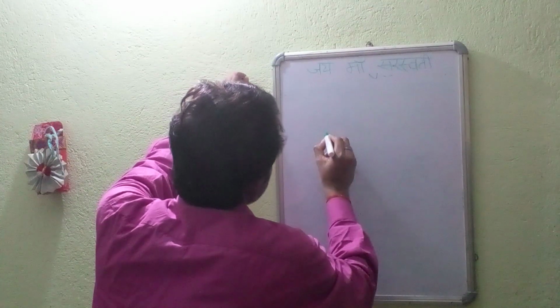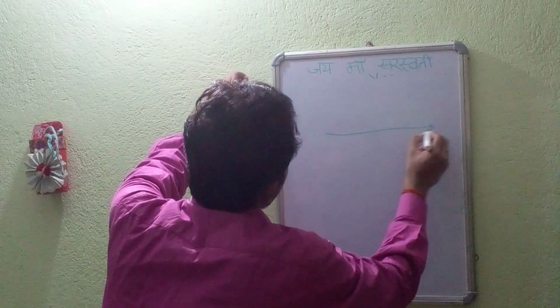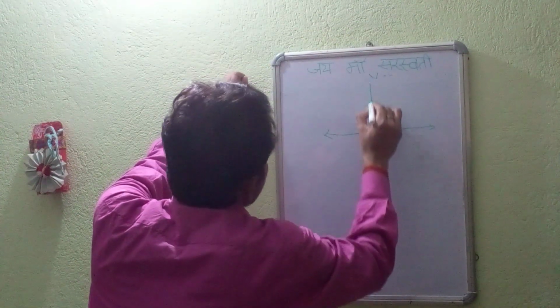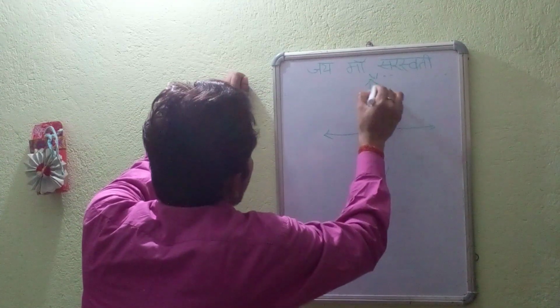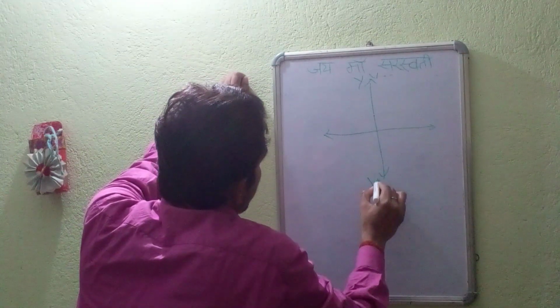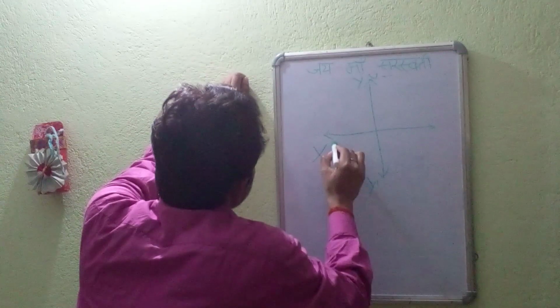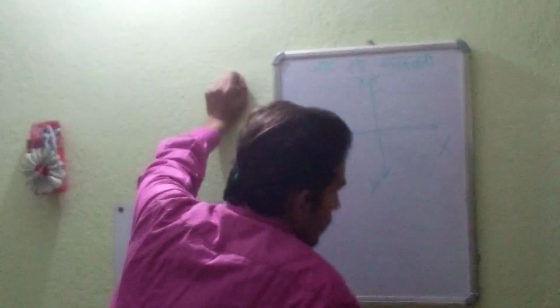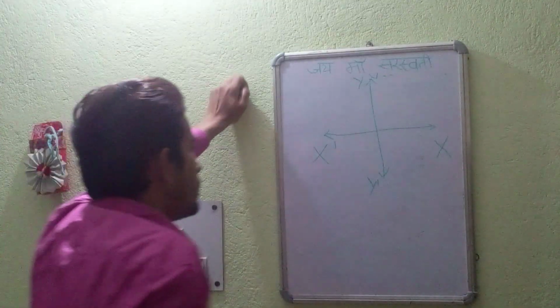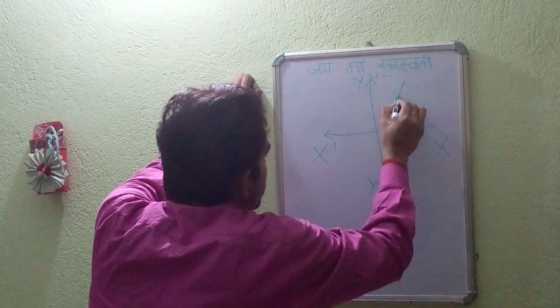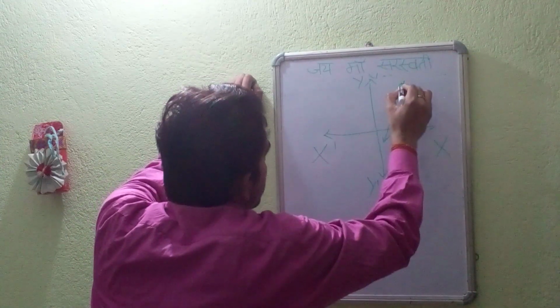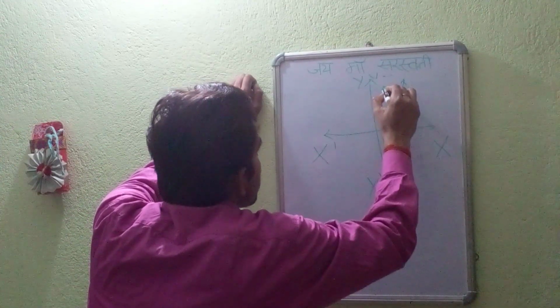So this is the x-axis, this is the y-axis, this is the y dash and x dash. Understood? We are taking two lines that intersect.